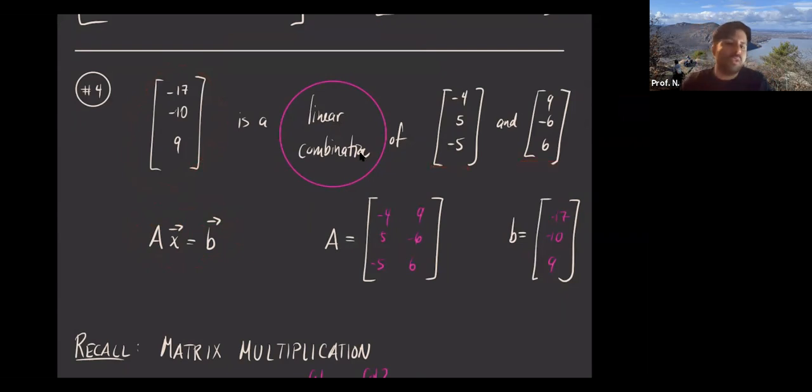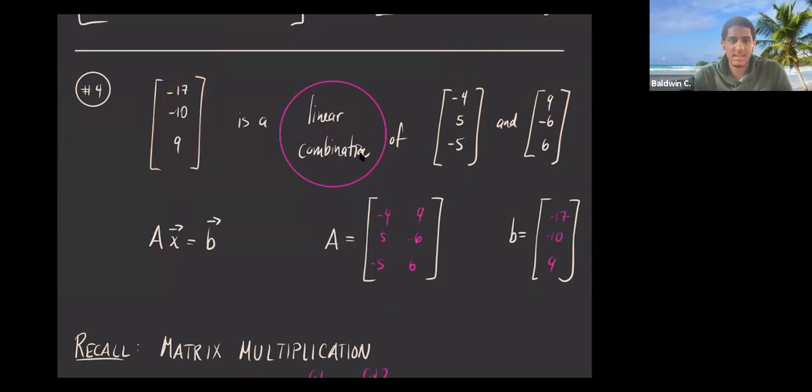So what you just put together is that these are the columns of my matrix A, and this vector here is the result that I want. And so therefore, the A matrix would be the columns that we have here, and the resulting column vector would have to be the vector that we wanted. That makes sense now, right?